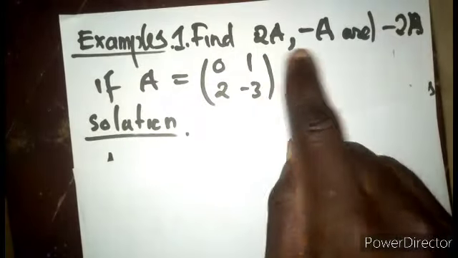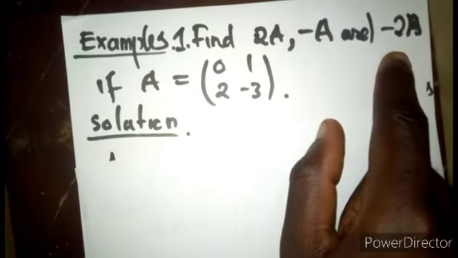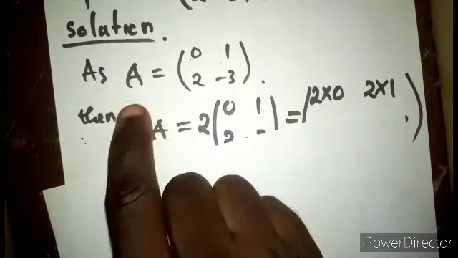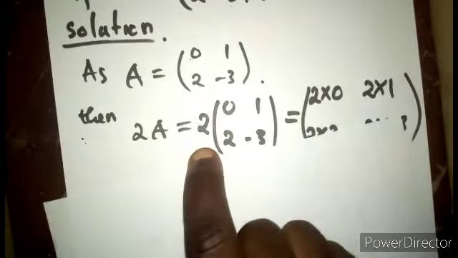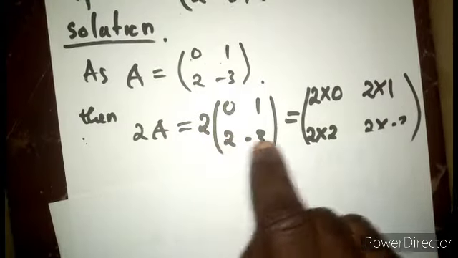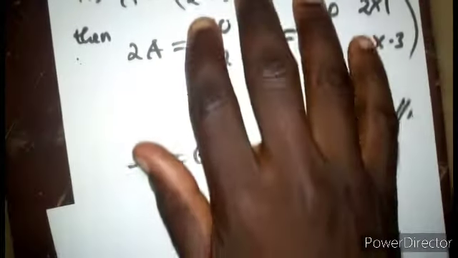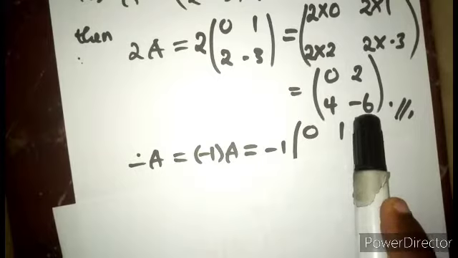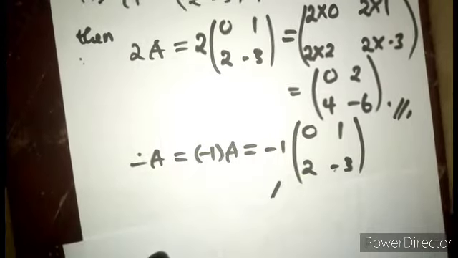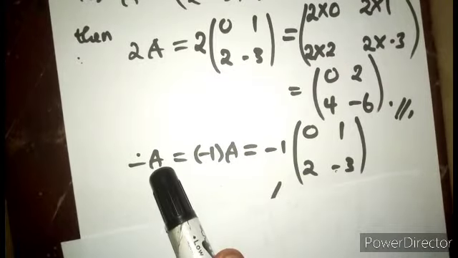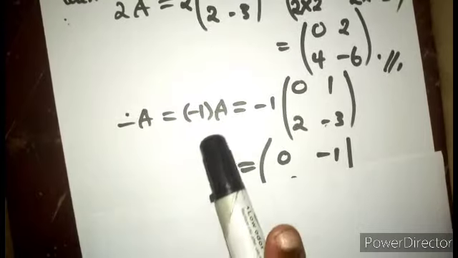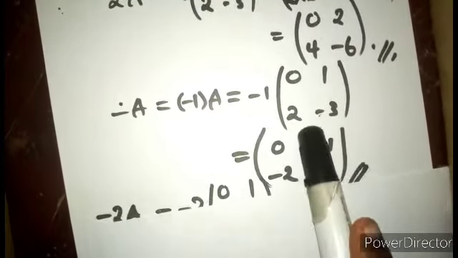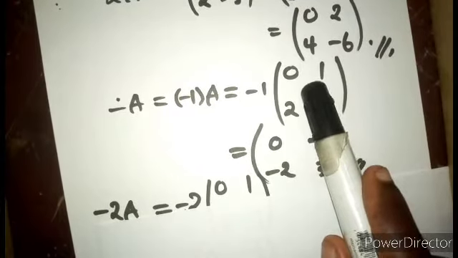Find 2A, minus A and minus 2A if A is this matrix. You see, as A is this matrix, 2A will be 2 times 0, 1, 2, and minus 3, as you can see here, so that we have 0, 2, 4, minus 6. In the same way, minus A, we saw in our fact above that minus A is identical to minus 1 times A, which is equal to minus 1 times the matrix A itself.